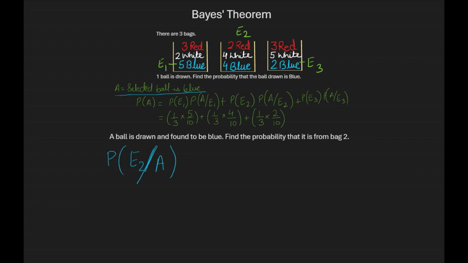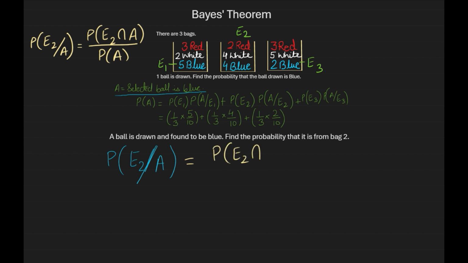The probability of E2 given A has in the denominator the probability of A, which has already happened, and in the numerator the probability of E2 intersection A. So probability of E2 given A equals probability of E2 intersection A over probability of A.